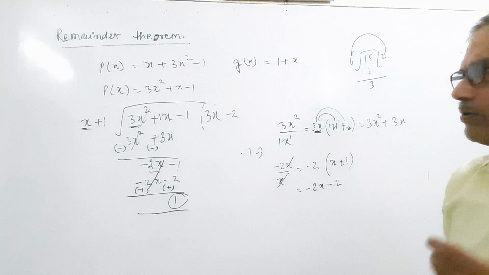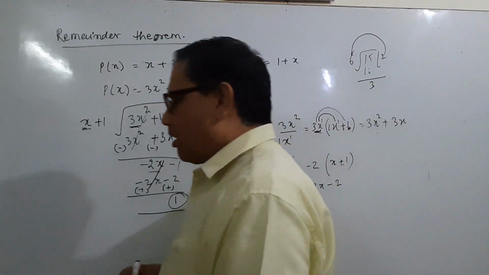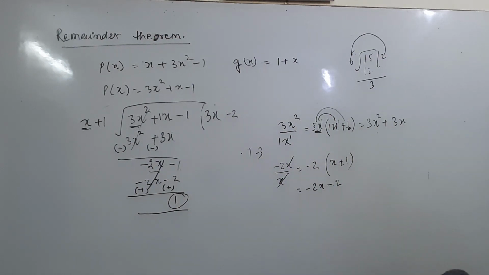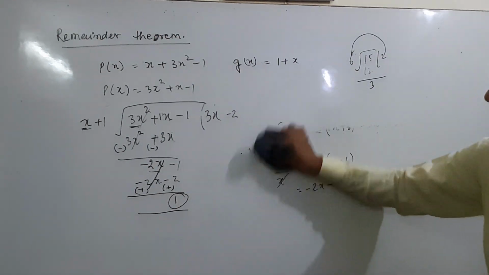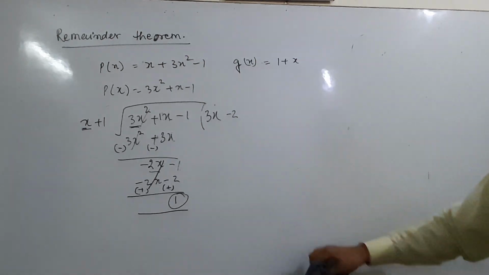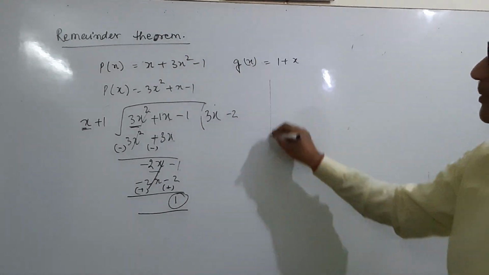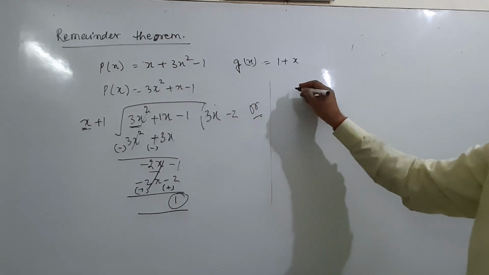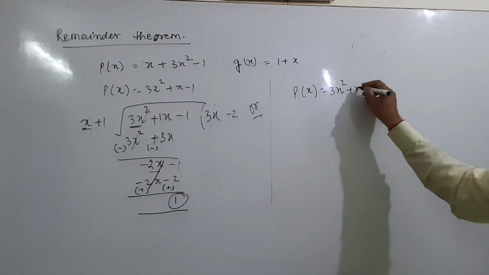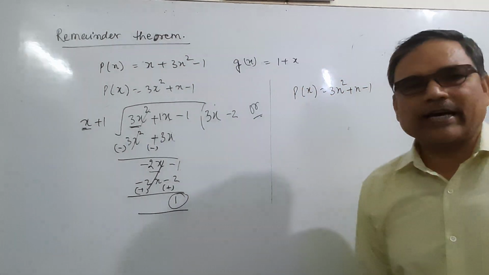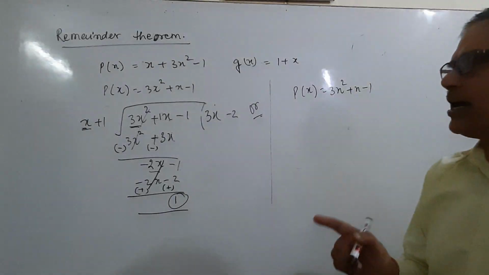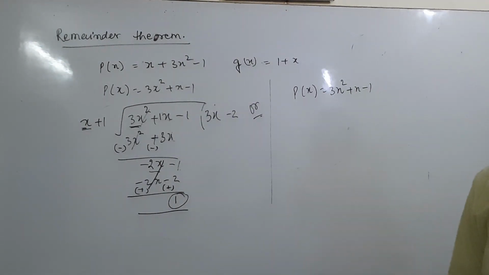It means the remainder is 1. Or we can find the remainder in another way. Here the remainder is 1. Now, p(x) equal to 3x square plus x minus 1, divided by g(x), means we have to find the remainder.